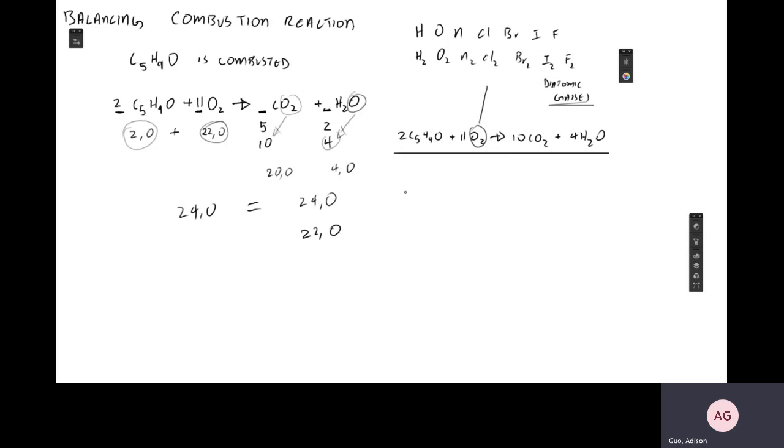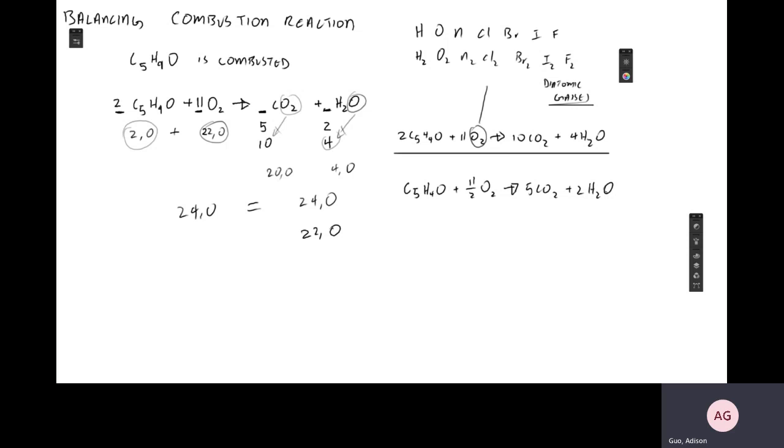However, another one is going to be this: C5H4O plus 11 over 2 O2 gives 5 carbon dioxides plus 2 water.